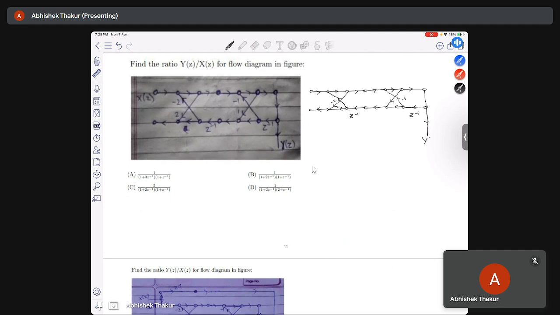So this is our Y(z). So find the ratio of Y(z) divided by X(z). So the transfer function it is asking.